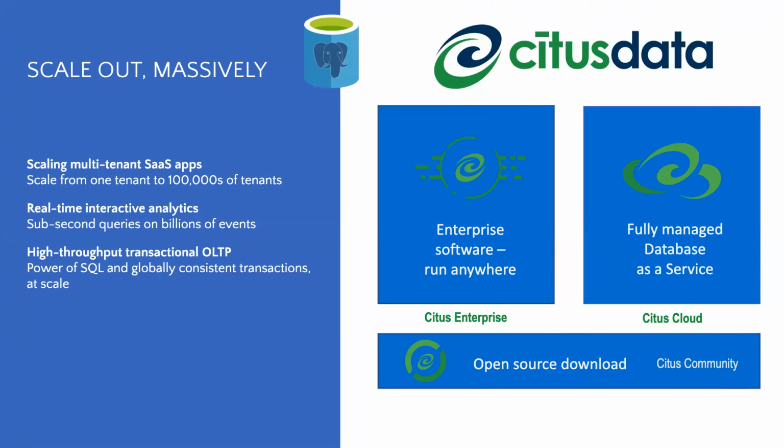Now with PostgreSQL, and this aligns with our strategy and vision, we recently acquired a company called Citus Data. Citus provides an extension on PostgreSQL, which provides automatic sharding and scale out capabilities. And this is where, rather than building or competing or challenging the open source community, we wanted to partner with them and go with the community.